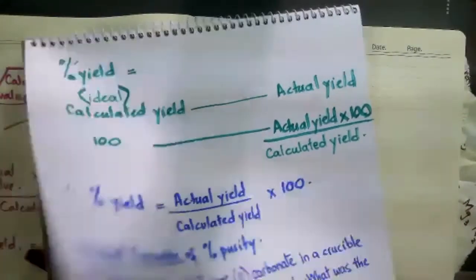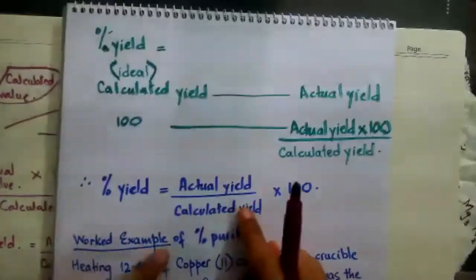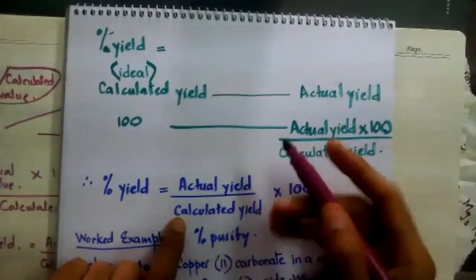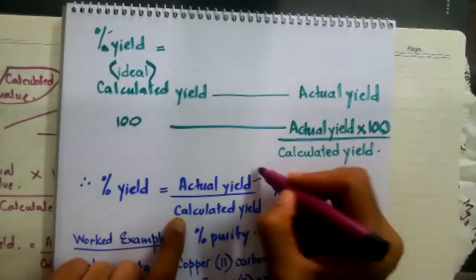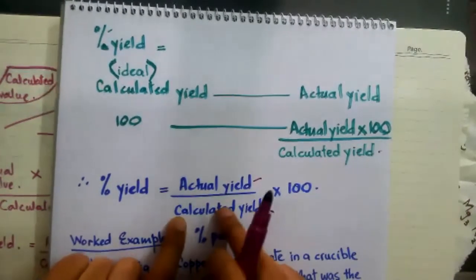But now what should have been its ideal value? Because we have to apply this formula, right? So we know the actual yield, which is 7 grams, but what is the calculated yield, according to the balanced chemical equation?